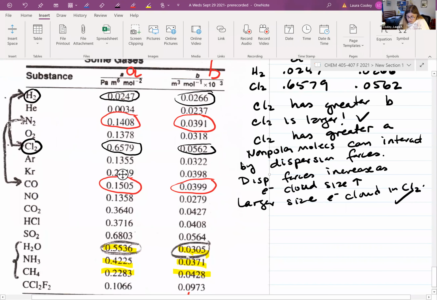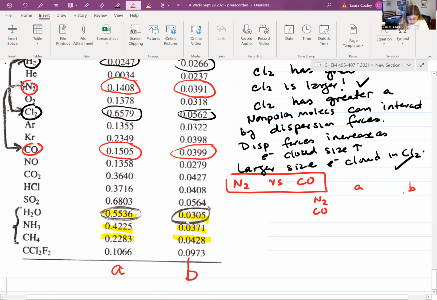Okay, let's take a look at N2 and CO. So N2 versus CO. Okay, N2 versus CO. So first I want to say that the B values, so let's see, we have N2 and CO, A and B. There's the values.